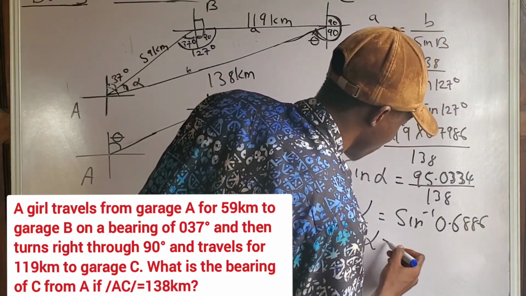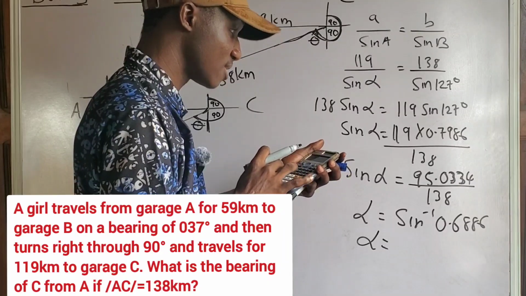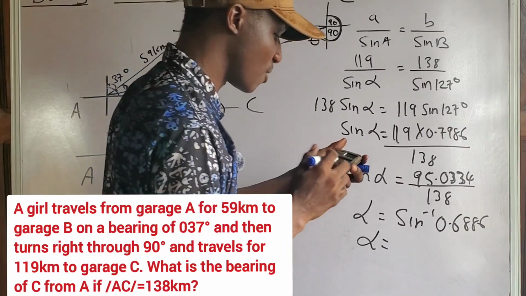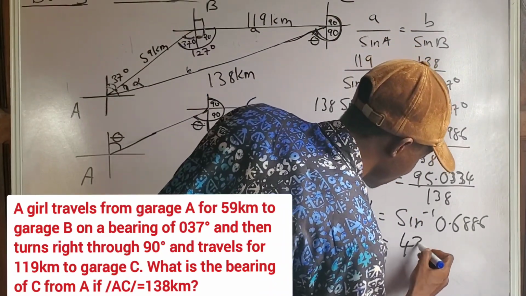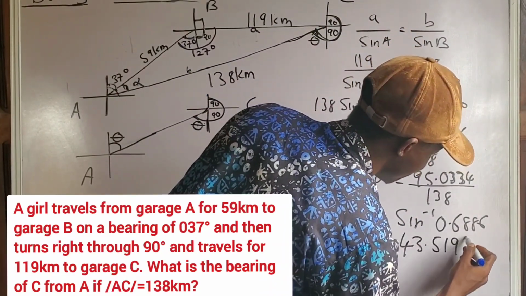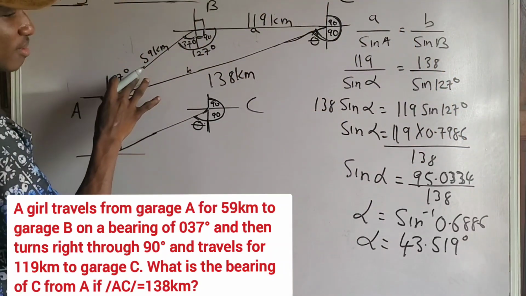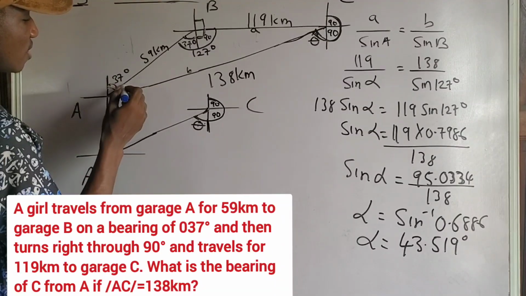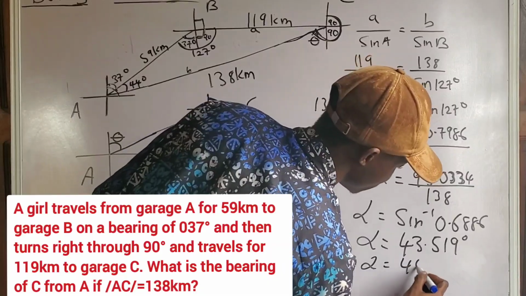So alpha is equal to the sine inverse of 0.6886, that is 43.519 degrees. This angle that you see here is 44 degrees to the nearest degree. Alpha is equal to 44 degrees.